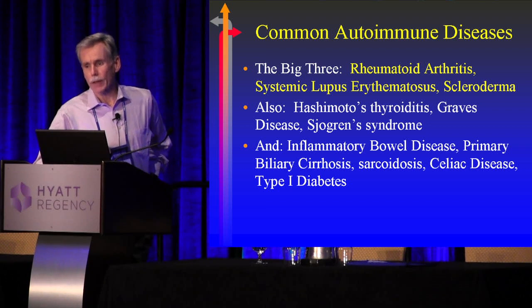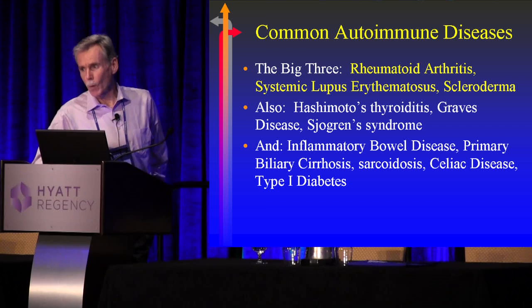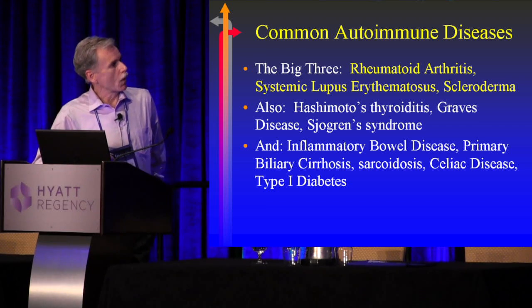Sarcoid doesn't have an identifiable autoantigen or autoantibody that we know of, at least, but it is also considered an autoimmune disease, and it's treated in much the same way that all of the other autoimmune diseases are treated.